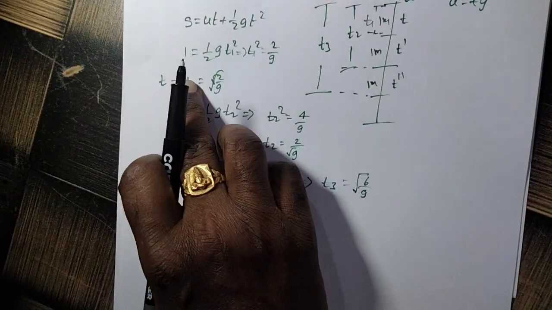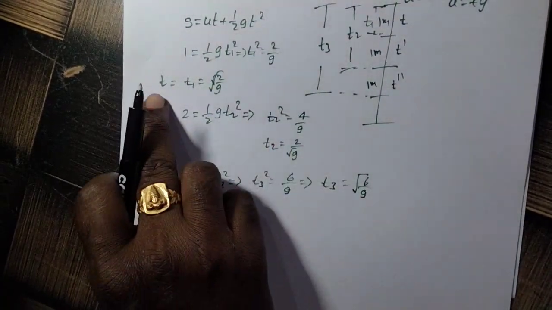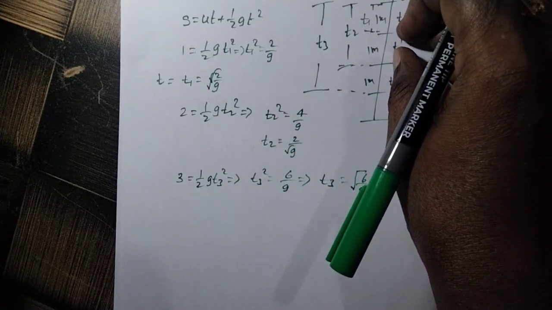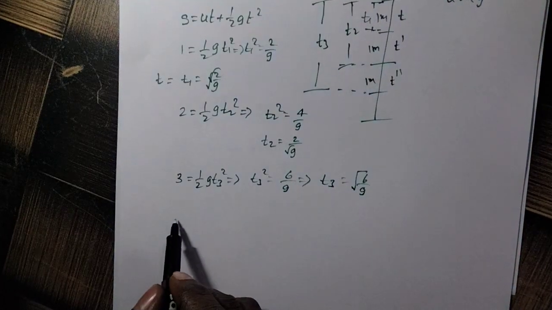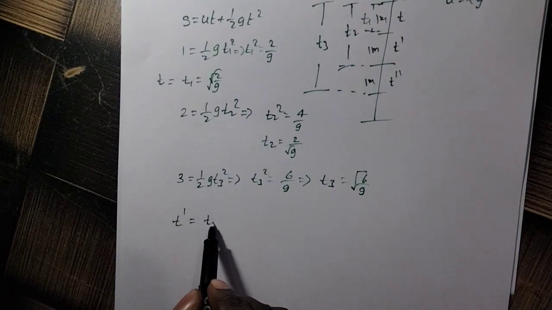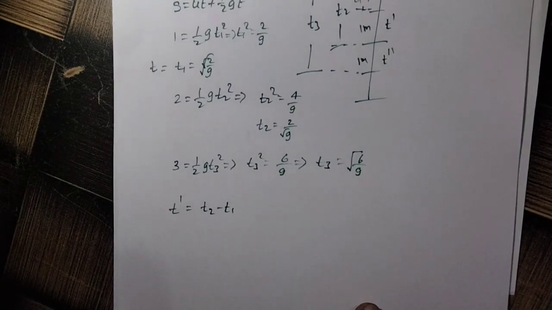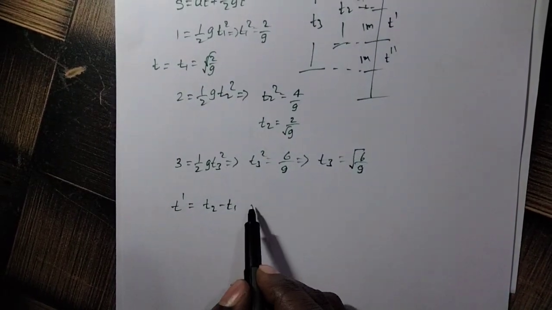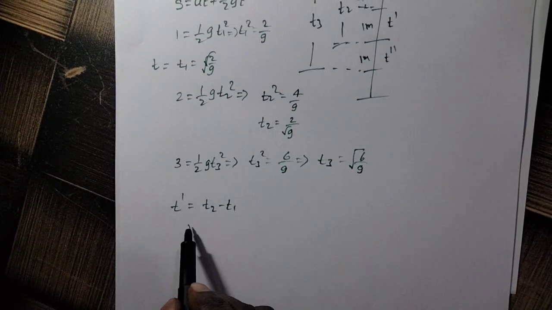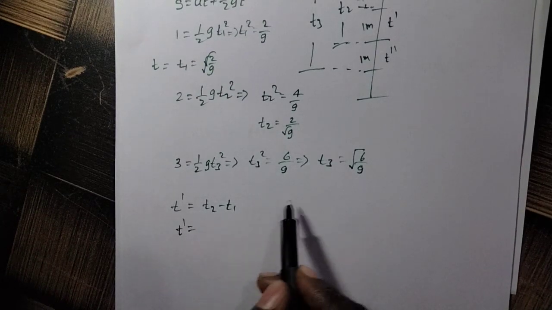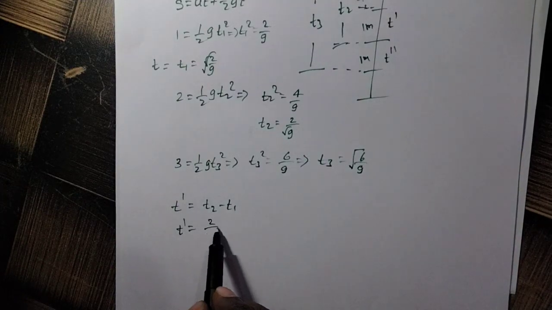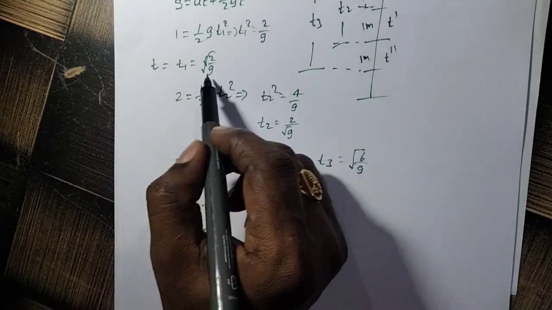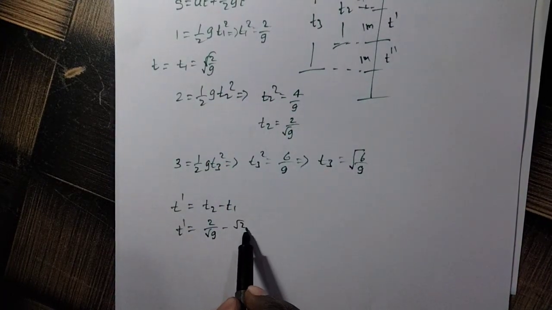So we got t1, t2, t3. t1 is nothing but t. So t dash is equal to t2 minus t1. t2 value is 2 by root g minus t1 value root 2 by root g.